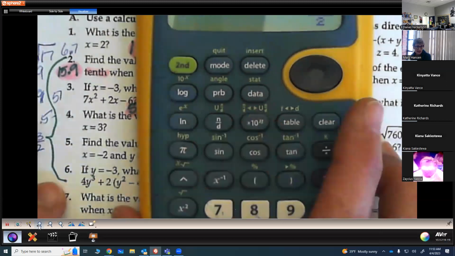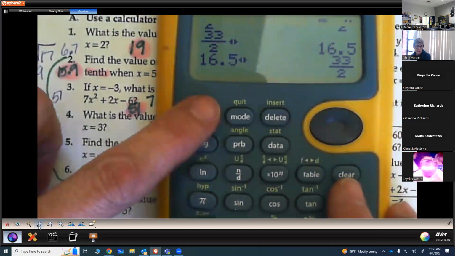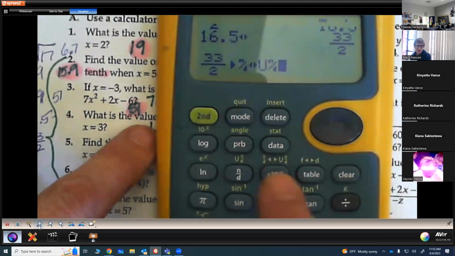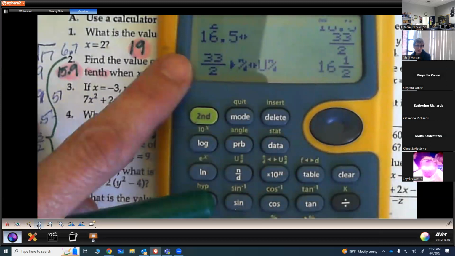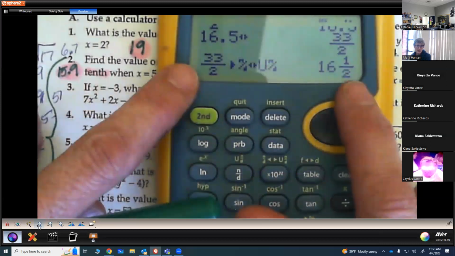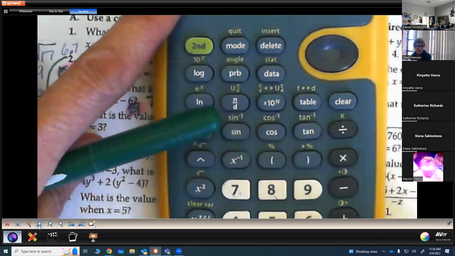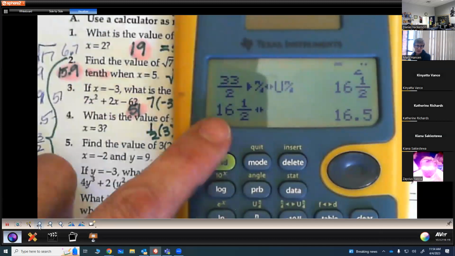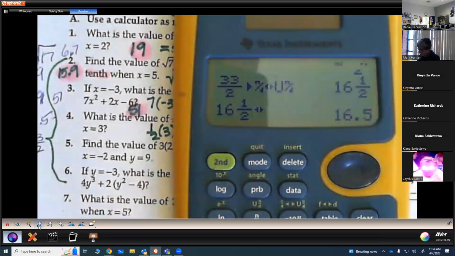And so if I take my 33/2 and I push the second key and then that key that's under the green thing I want and enter, it will turn 33/2 into a mixed number with the fraction instead of the decimal. And then if I push the double arrow key, it'll change it from this fraction back to the decimal. Okay, so the double arrow key is a good key to just get a different form of an answer.